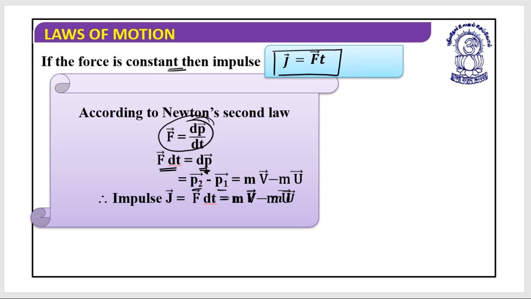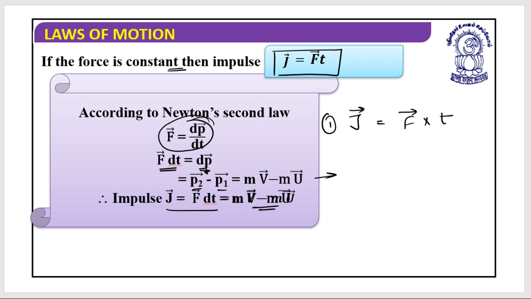It is P2 minus P1, that can be written as mv minus mu, and this impulse can be written as F dt, or that is a change in momentum. So this is the first approach to calculate the impulse. First approach, it's F into t.